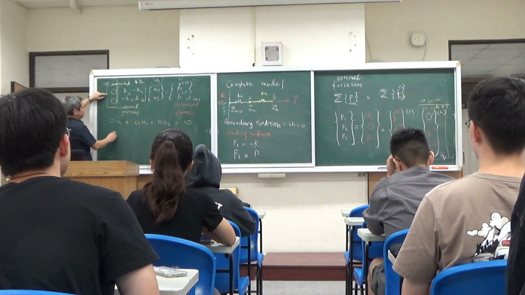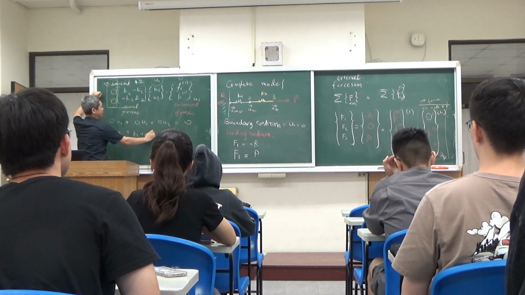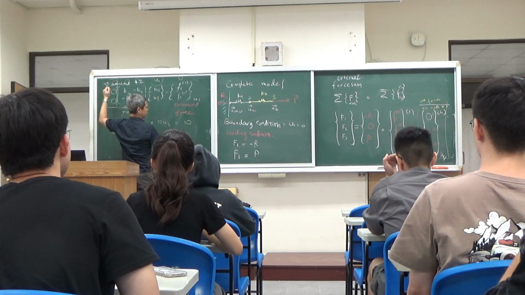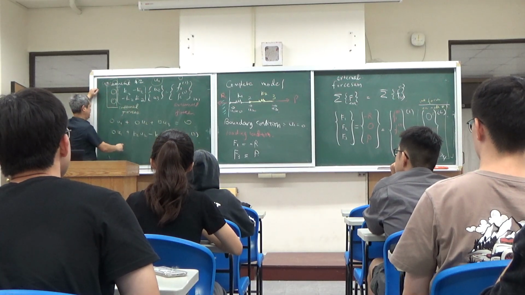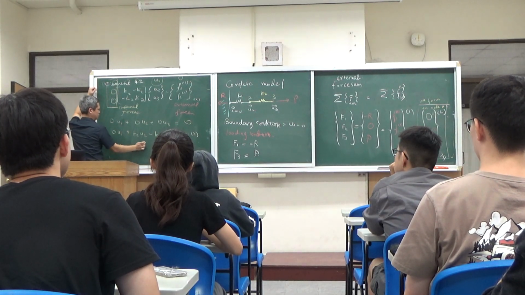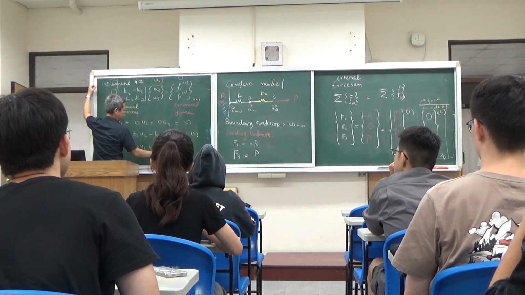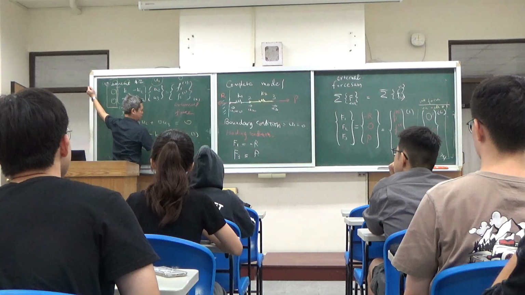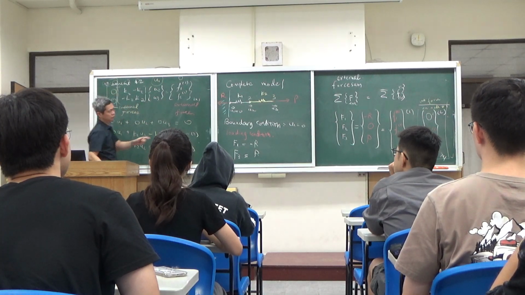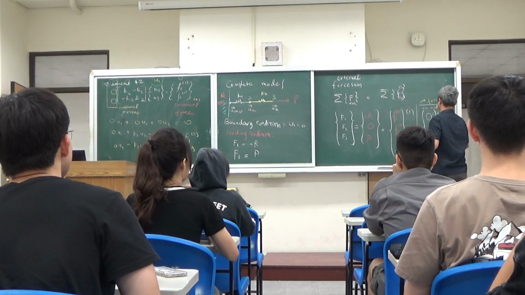And then 0 u1 plus k2 u2 minus k2 u3 is equal to f12. Then next, 0 u1 plus minus k2 u2 plus k2 u3 equals f22. So I'm getting this expression.